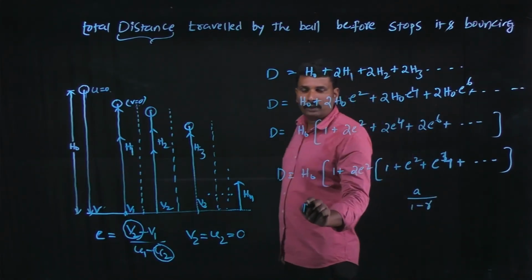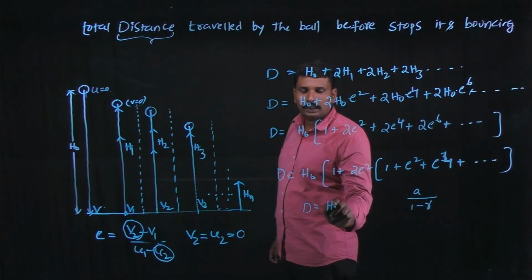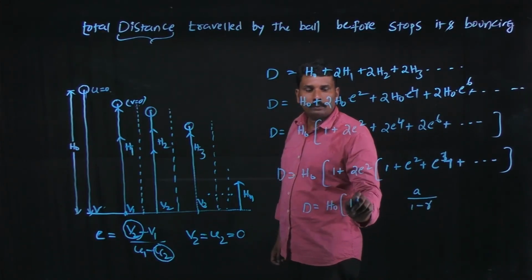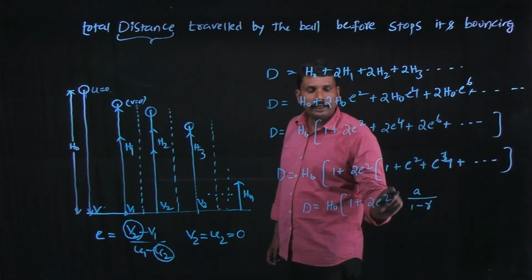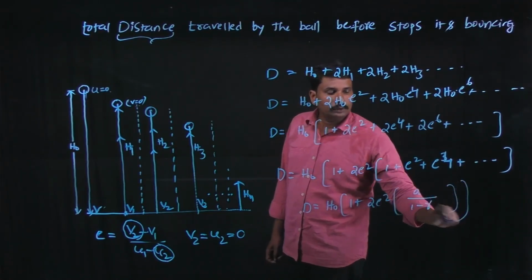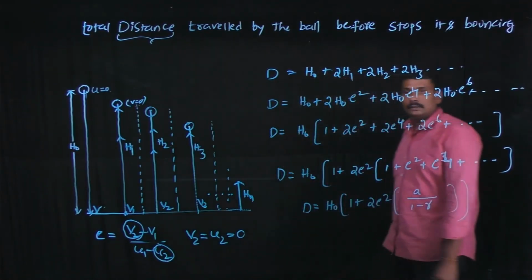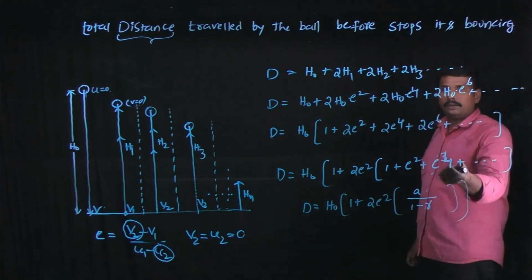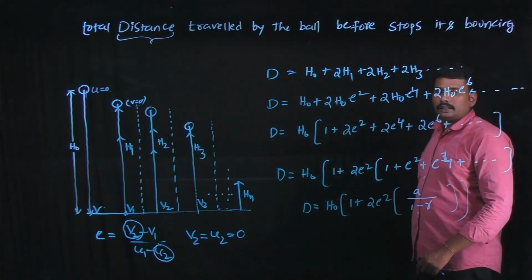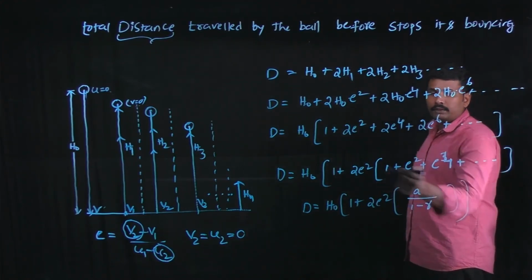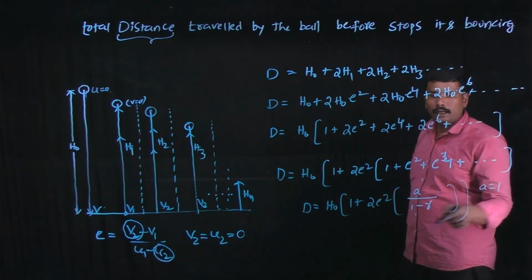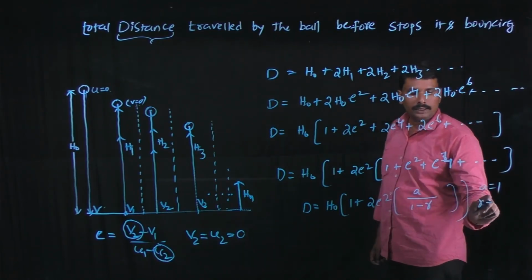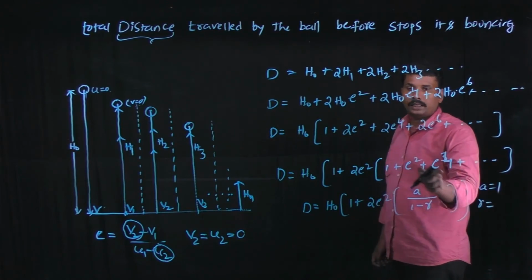The formula is simply d equals to h naught into 1 plus 2 e square into the series in the form of a geometric progression, in which the first term is a equals to 1 and the common ratio is e square by 1 or e power 4 by e square.